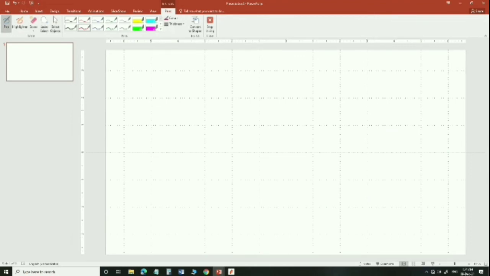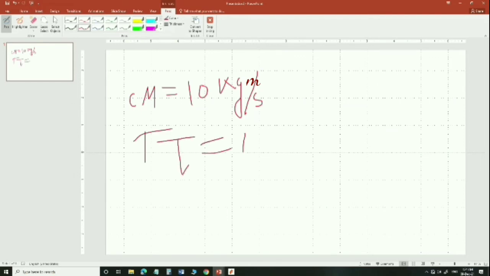We know change of momentum is given as 10 kg meter per second, and time taken is given as 0.01 second.